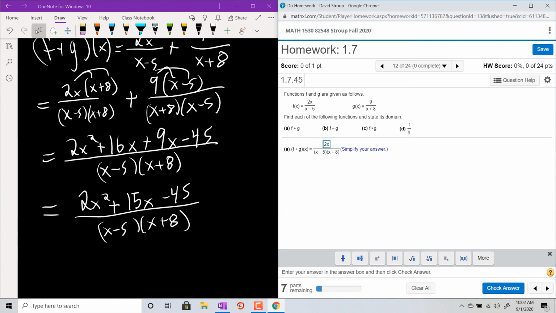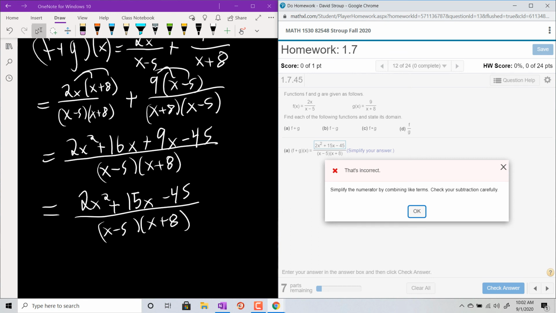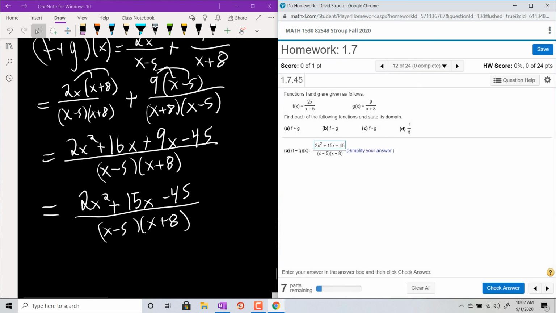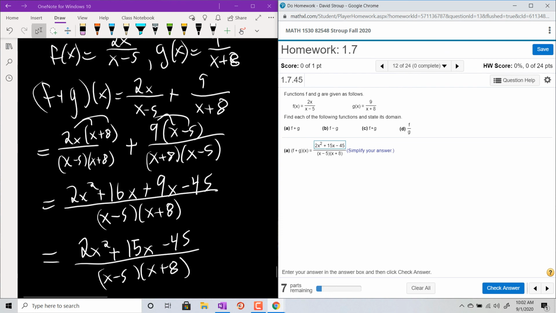You can use the caret key for exponents instead of pushing the button. The caret key is above the number 6, so just press shift 6 and it puts you into the exponent. Let's check that. Oh, what did I do? I copied down wrong. It's a 9x, so 25x. Oh, I'm sorry.